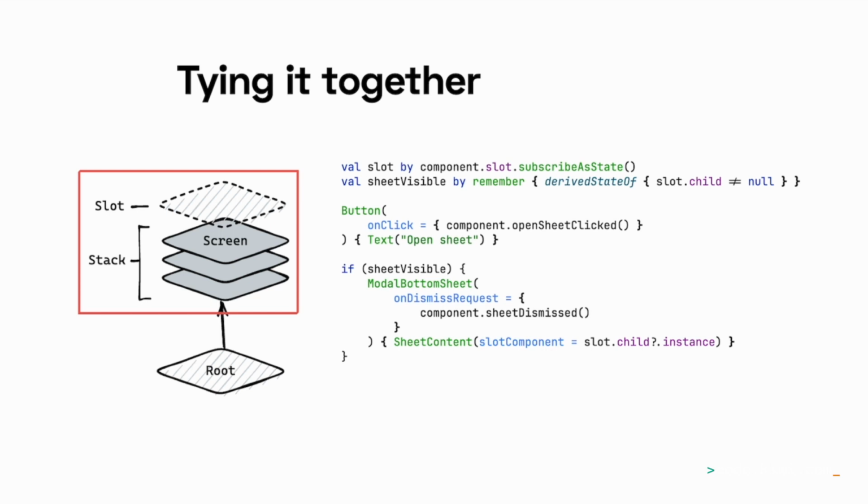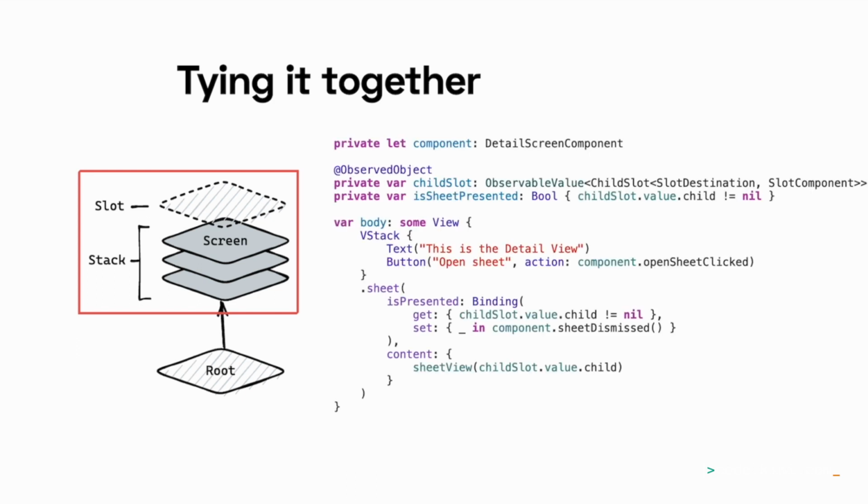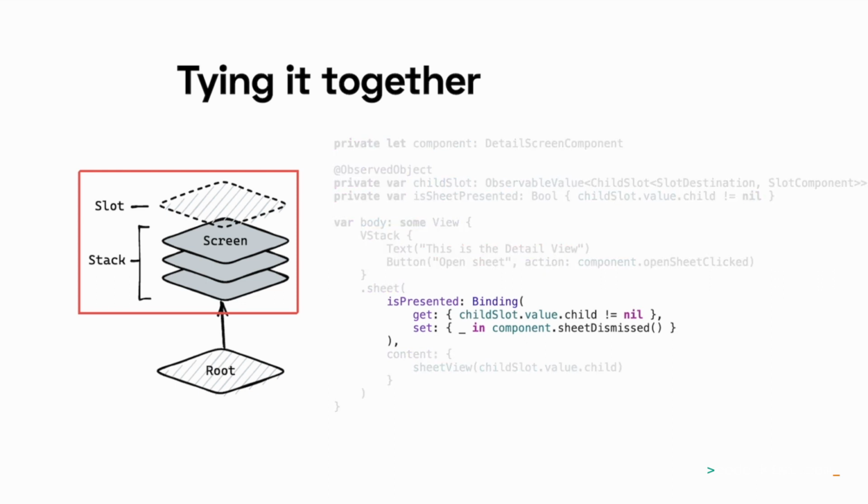So in Compose, you can display whatever modal bottom sheet there is if there is some child in the slot. And in SwiftUI, you also have to observe the child value. However, we also have to use the binding, and this set method gets called when the user swipes away the sheet. So the state gets propagated back to Kotlin.